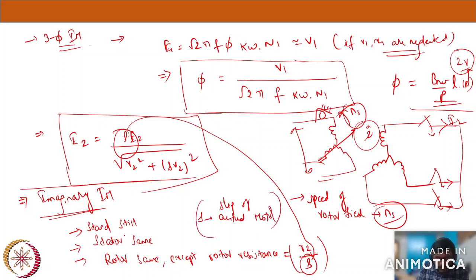There is no slip in this imaginary motor, but I am just using the value of slip there, and I am calculating my own resistance R2 divided by S of the actual motor. This is very important: I'm imagining a motor in a standstill condition and changing the rotor resistance to a physical fixed value of R2 by S, where I have taken the S from my actual motor.